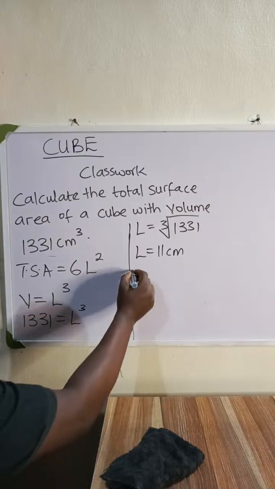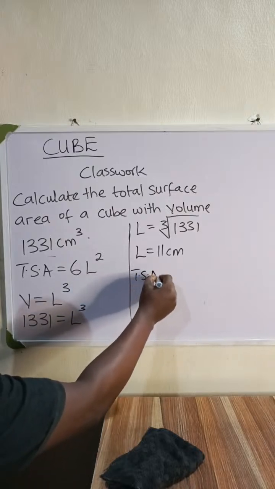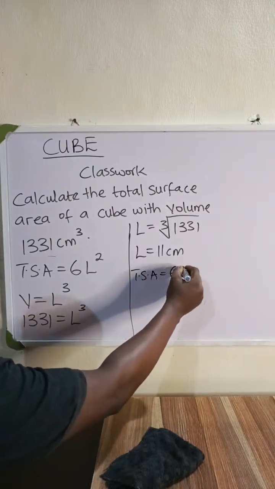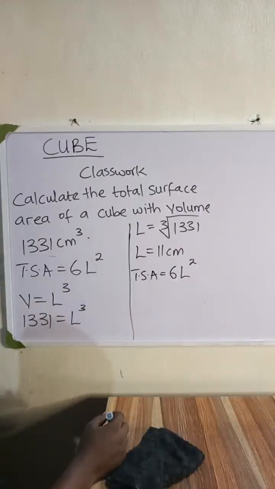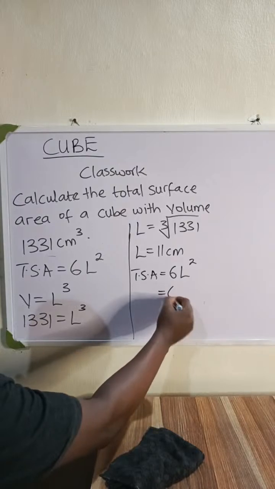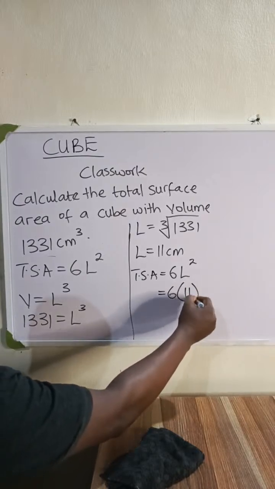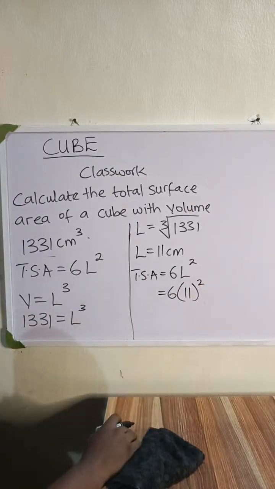So total surface area is equal to 6L squared. And now we know that our L is 11. So we have 6 into 11 squared. 11 squared is 11 times 11, which is 121.